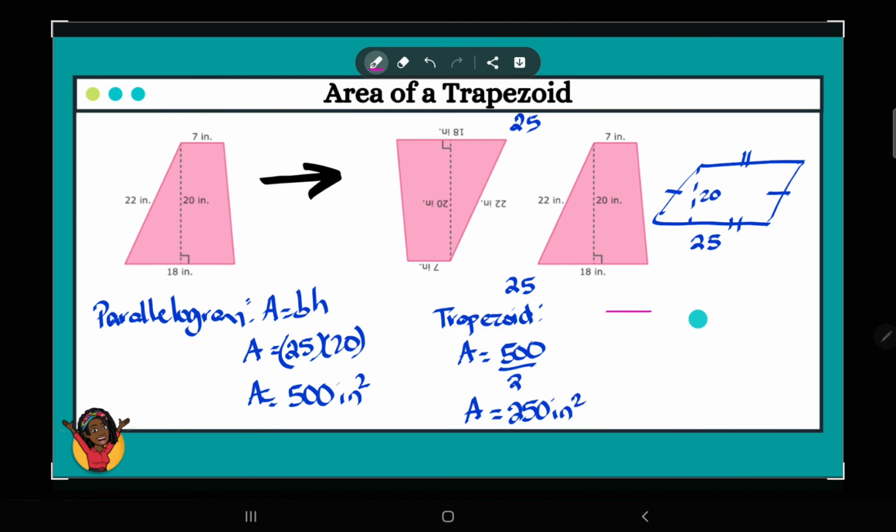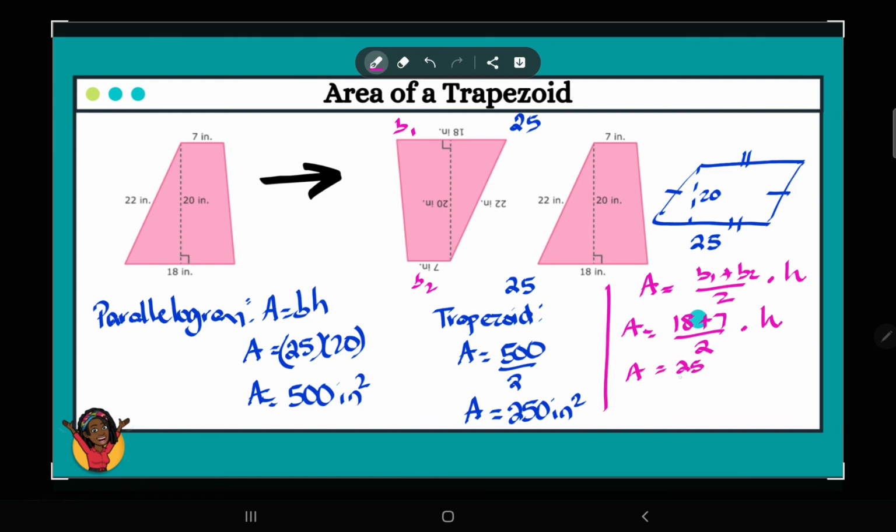Now let's prove that this is correct by using the formula for the trapezoid. So A is equal to B1 plus B2 divided by 2 multiplied by the height. So we can say base 1 is 18, base 2 is 7. So here I have 18 plus 7 divided by 2 times h. 18 plus 7 is 25.